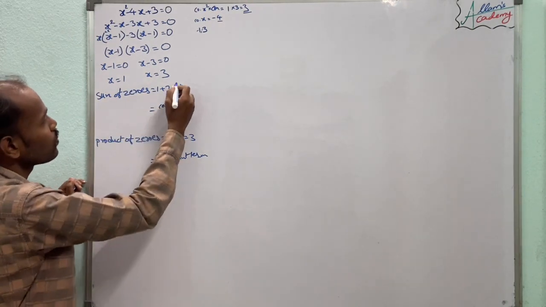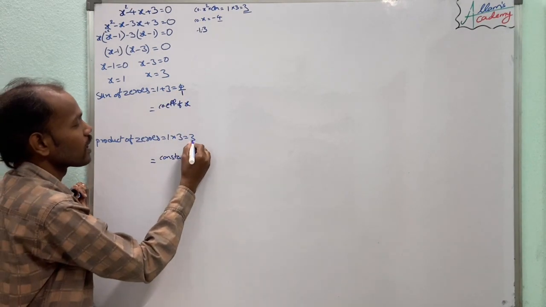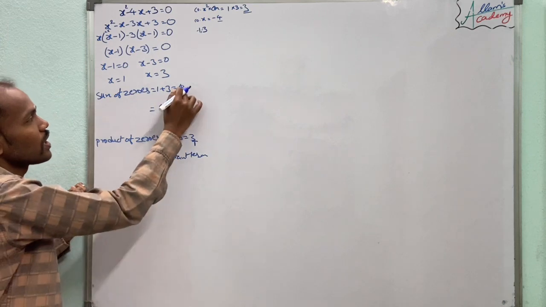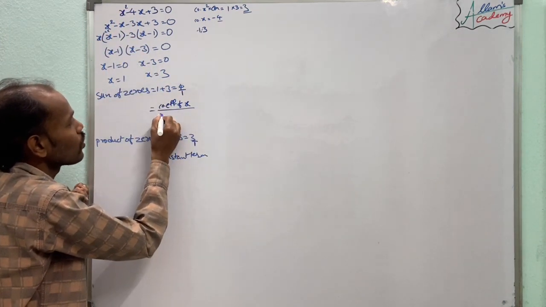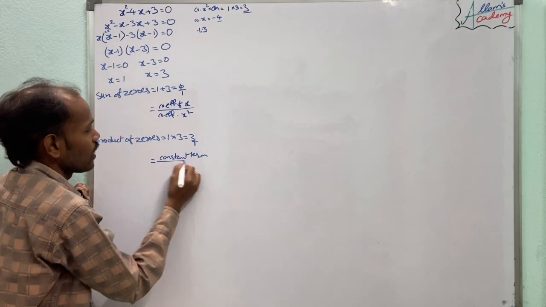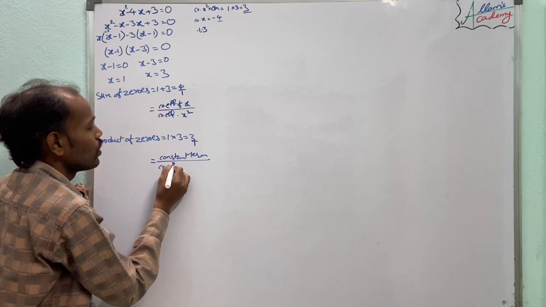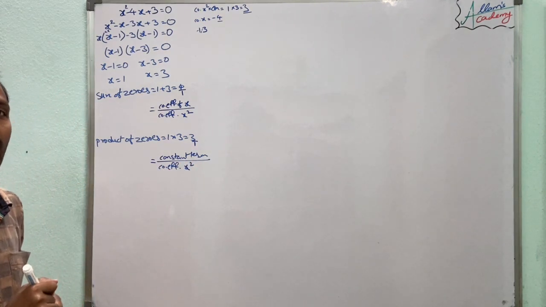If we observe, 4 can be written as 4 by 1 and 3 can be written as 3 by 1. Here 1 is the coefficient of x square, so we can write the coefficient of x by the coefficient of x square, and the constant term by the coefficient of x square.